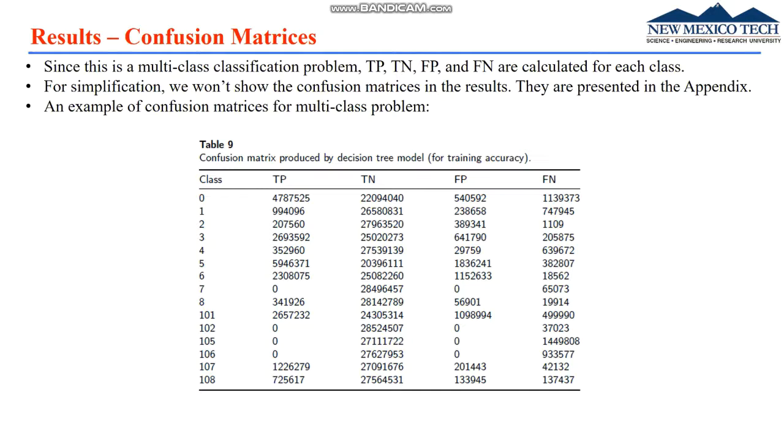So for each of the 15 classes, we calculate the true positive, true negative, false positive, and false negative. This is an example of the confusion matrix for multi-class classification problems. For simplification, we don't show all the confusion matrices here, but in the appendix you can find them. In this presentation we only focus on the accuracy of the training and testing for each algorithm.